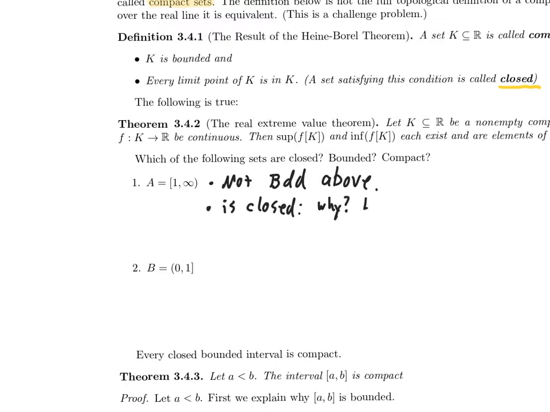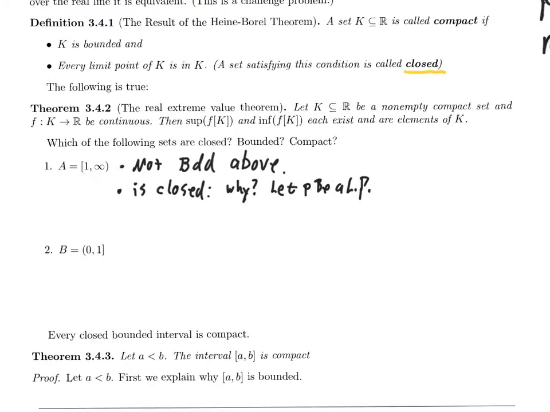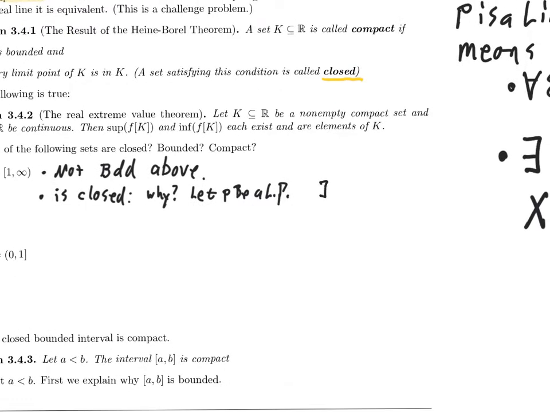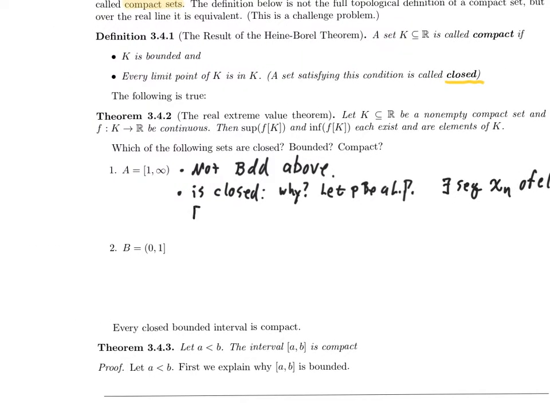Why? Well, let's let P be a limit point. And let's use this sequential reformulation because I'm going to use that all over the place. So there exists a sequence xn of elements of the interval from 1 to infinity with xn converging to p.